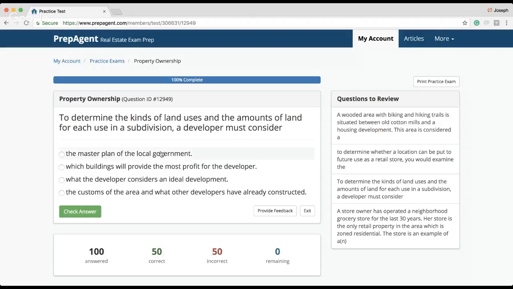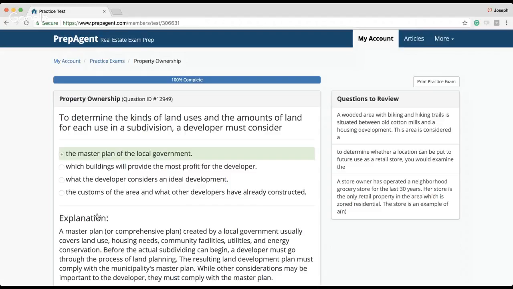Okay, good. The master plan, which is the layout of the city. Some cities have good ones, some cities have bad ones. Los Angeles, not so great. Sorry, people from Los Angeles. Lots of traffic there if you guys ever go there.